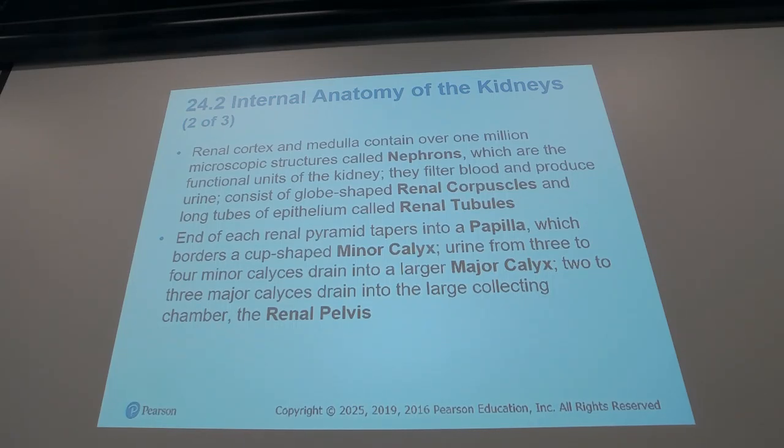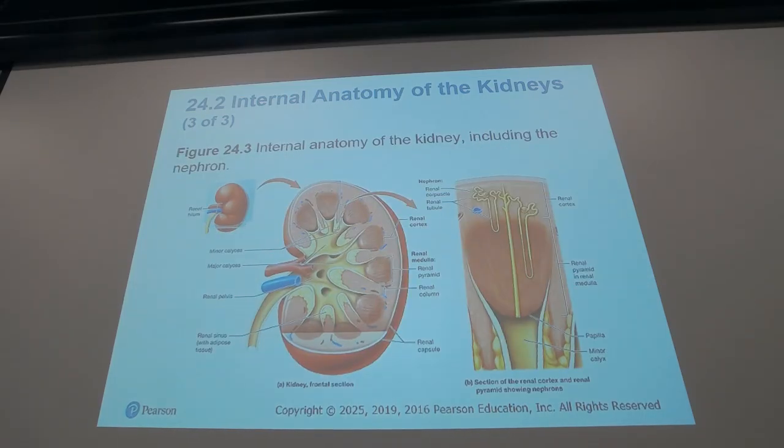And then this papilla is going to drain the urine into a cup-like projection that is called the minor calyx. And then 2 or 3 minor calyces will merge, forming the major calyces. And 2 to 3 major calyces will merge, or anastomose, forming the renal pelvis.